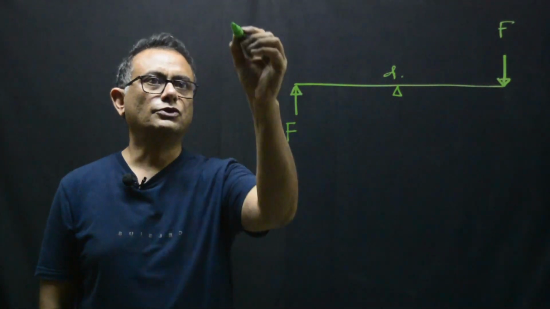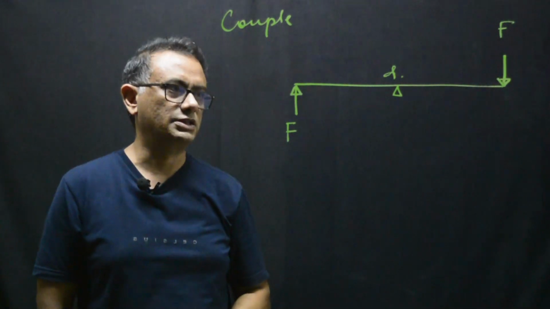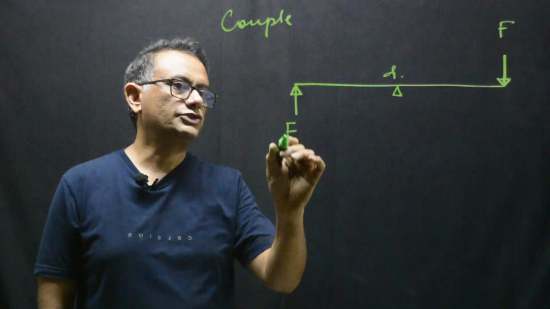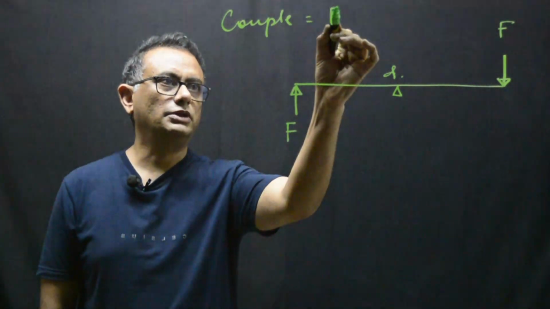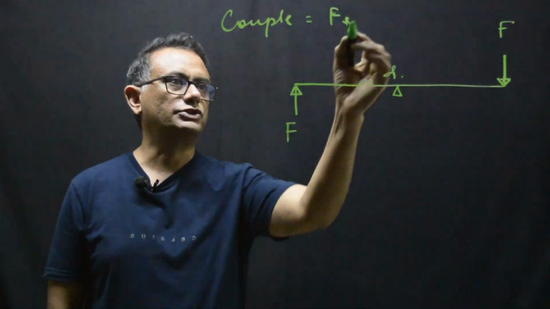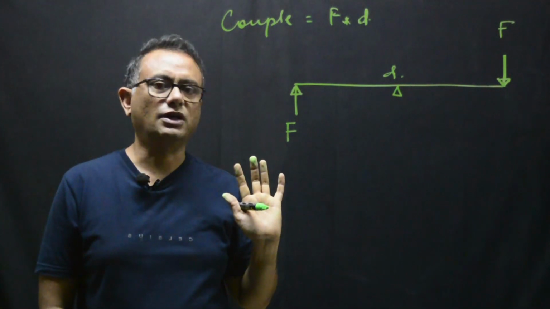How do you compute that? For computing this, we simply take any one of the forces and we say couple is equal to any one of the forces multiplied by the distance between the forces, D. So that is the definition for a couple.